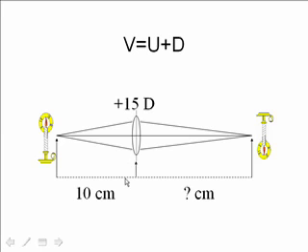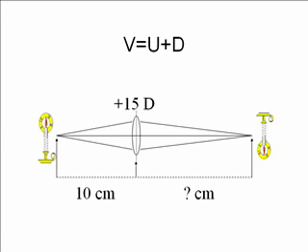So when I ask you, what is the vergence at a particular point, you answer with a question. And the question is, from that point, where do the rays of light converge? So for rays of light entering this lens, they converge 10 centimeters to the left. Now, I said once we finished with prisms, we're no longer going to deal with centimeters, we're only going to deal with meters, so let's convert this in our head. The rays of light converge 0.1 meters to the left.